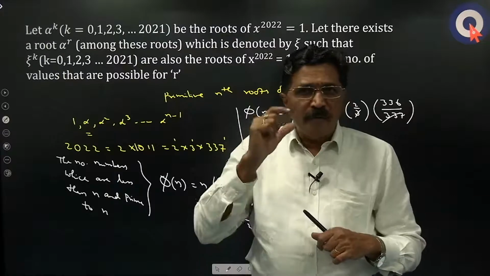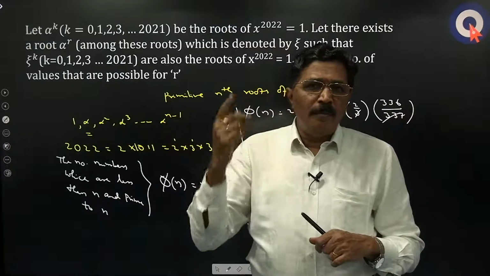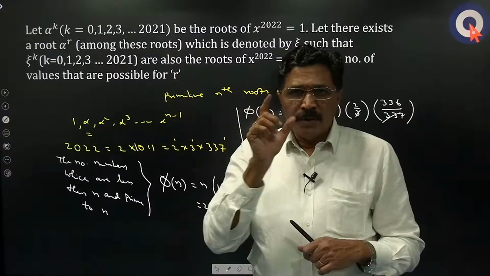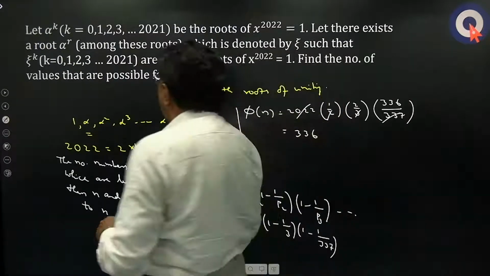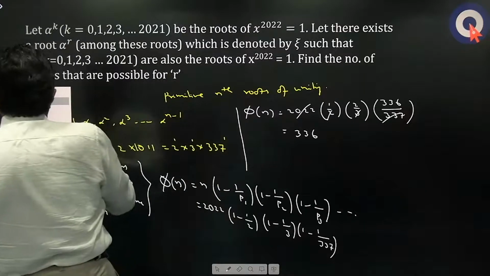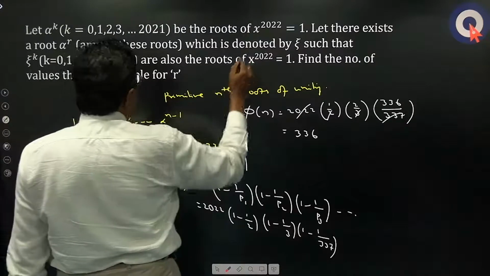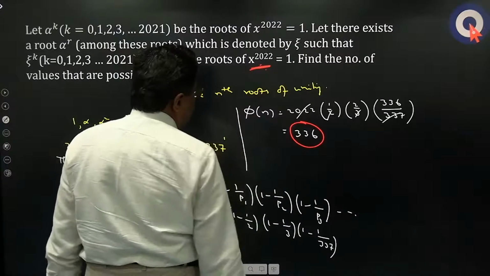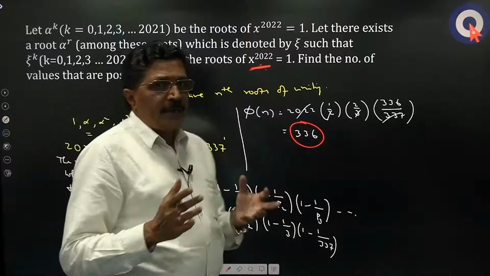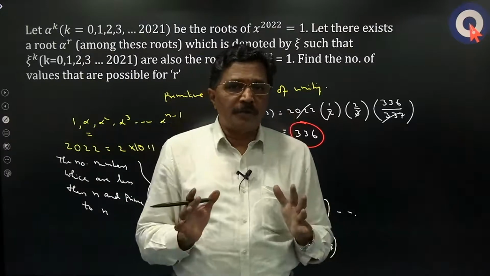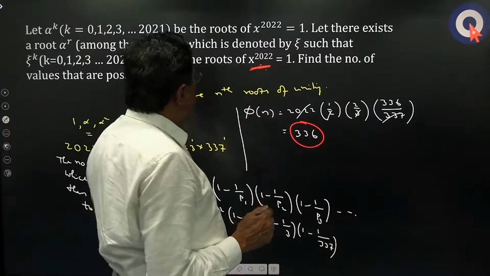Each one of them, if you square them, cube them, raise them to the power 4, can generate all the other roots. Out of the total 2022 roots, 336 roots have the capability to generate all the roots. So they are called primitive nth roots of unity. So the answer is 336.